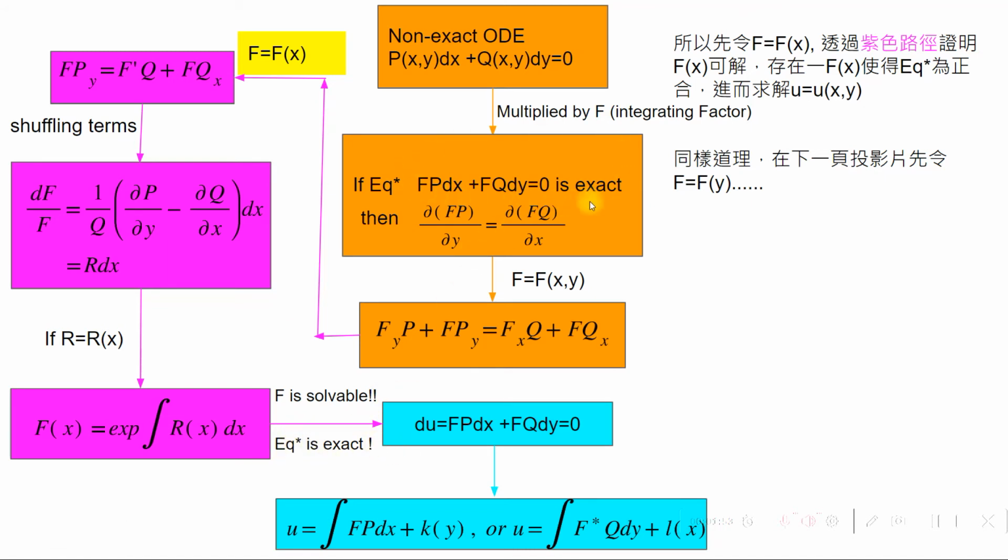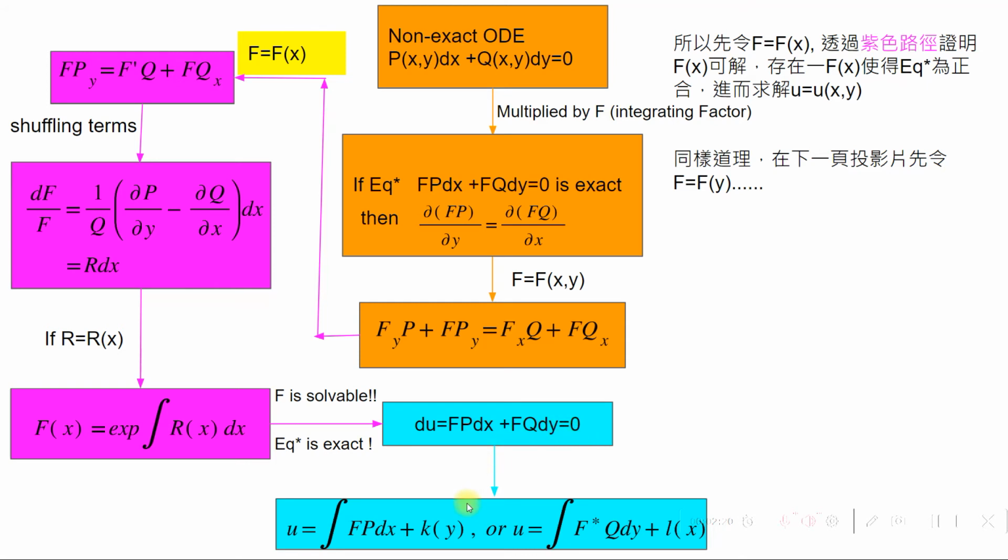This one is exact. So now we can reap the benefits of solving this equation by simply integrating. So this equation star, we can designate it to du, and it is equal to 0.